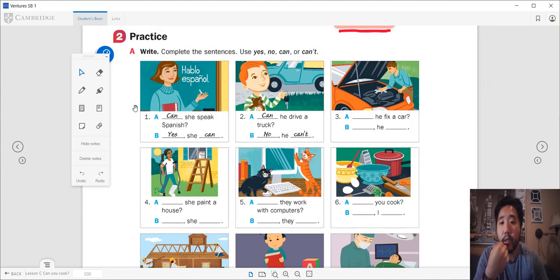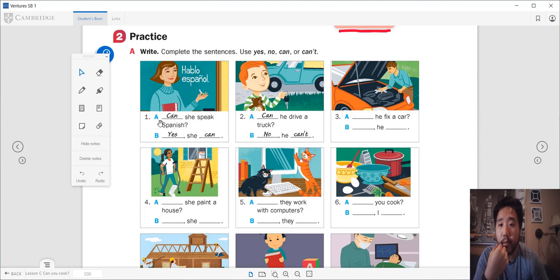Based on the picture, we see a board, and this person has a book and a chalk, and it says Hablo Español. I'm not sure if I said this in a correct way, but these words are in Spanish. I feel like she's a teacher who's trying to teach Spanish.